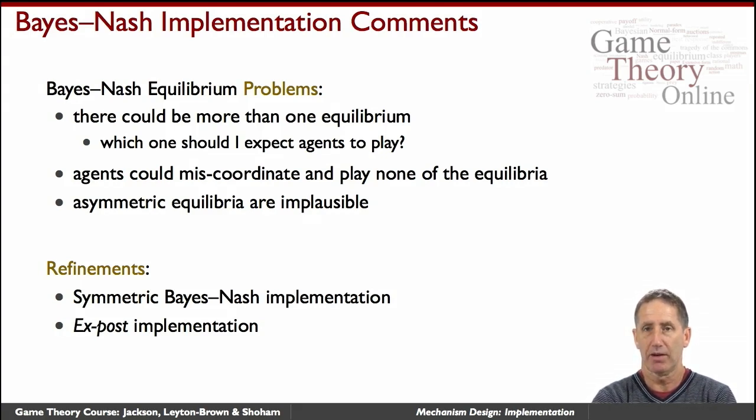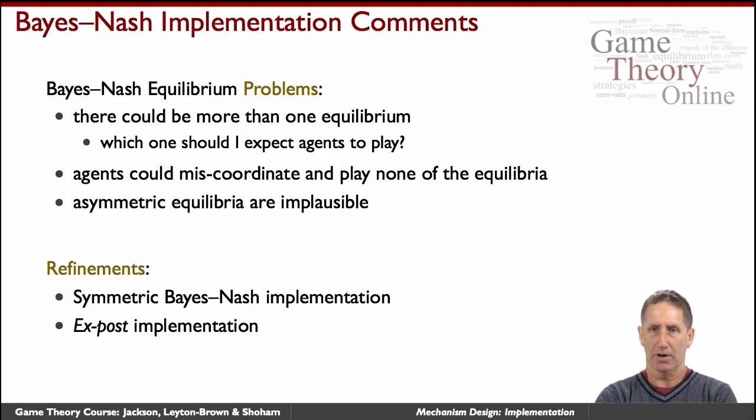We have the usual concerns about equilibrium in general. Equilibrium is a very strong notion. What happens if agents, first of all, somehow miscoordinate on the equilibria and play strategy profiles corresponding to different equilibria, or even more extremely, don't play an equilibrium at all? A legitimate question in game theory in general, and in particular here.